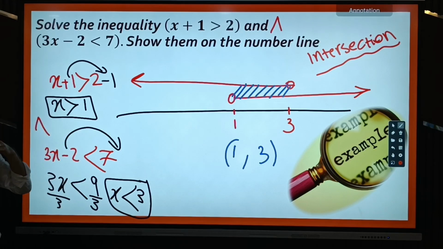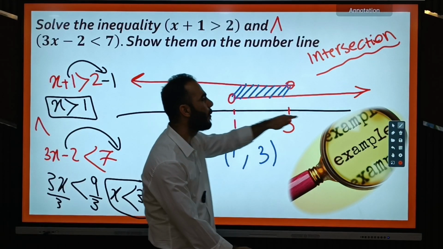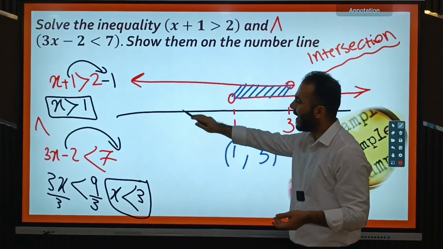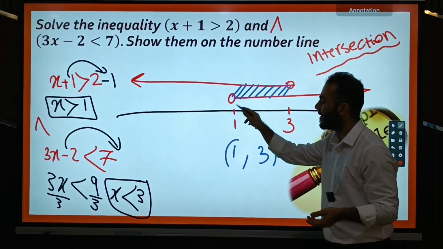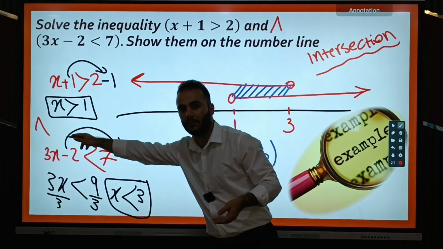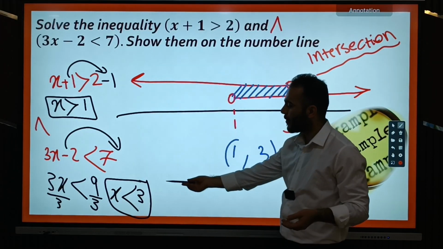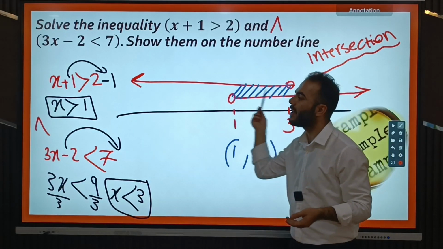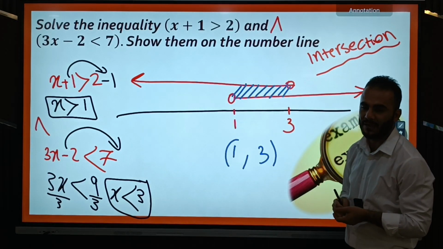Right now, we are going to bring our solutions on a big number line and represent them. The first one is x greater than 1, with an open circle because there is no equal. And the second solution is x less than 3, so 3 is here, and x less than 3 goes to negative infinity.